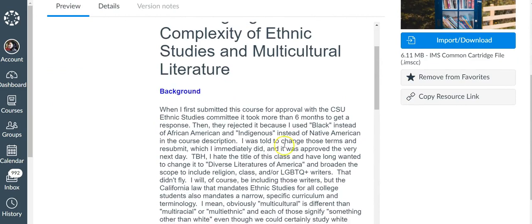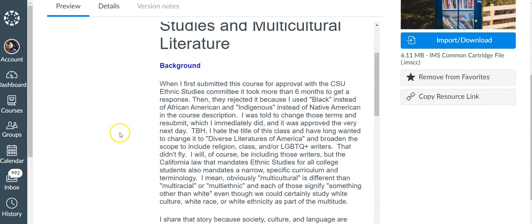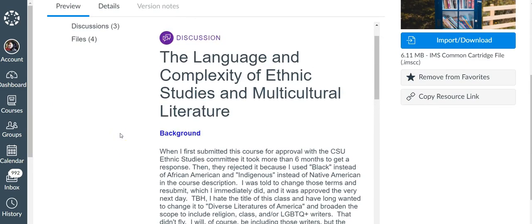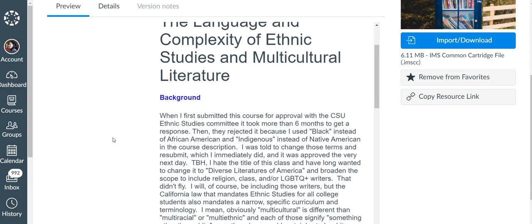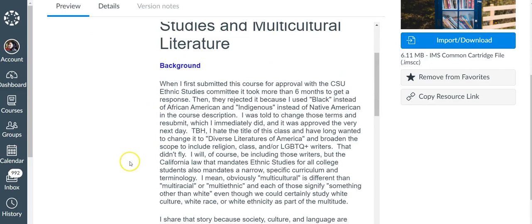Then the language of ethnic studies, multicultural, multi-ethnic literature has always been really difficult for me, problematic for me also. So I tell this short story.